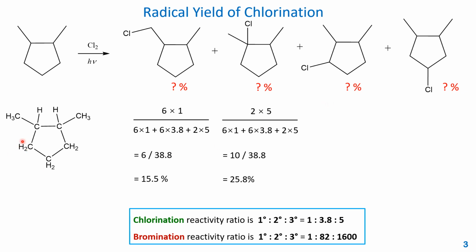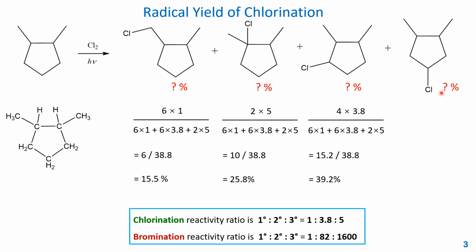I will say 4 of them, either this methylene's or this methylene's hydrogens. Not this one, because only these 2 methylene carbons are symmetric. So that's 4 times 3.8, the reactivity of the secondary hydrogen, over the same denominator. And then you calculate the percentage, 39.2%.